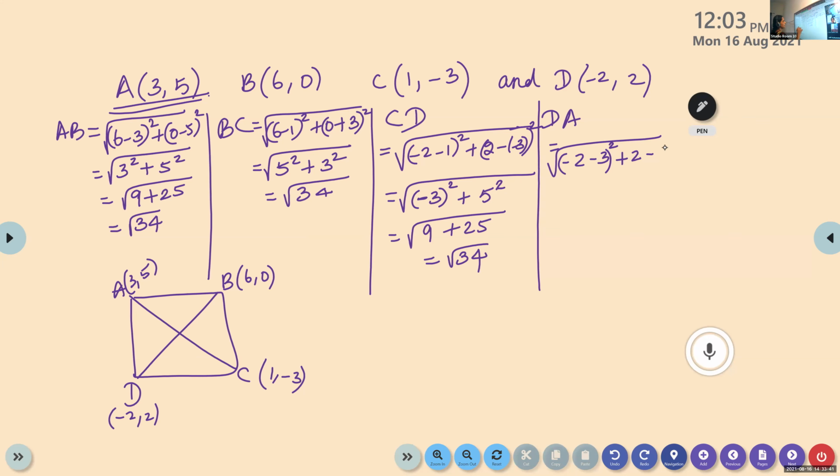There is no negative sign, isn't it? So 2 minus 5 whole square. Correct. Then next step: -2 minus 3. Both are of the same sign. When both are of the same sign, what do you have to do? Add and put the same sign. Don't subtract; opposite signs means you have to subtract. Here the sign is the same, so you add and put the same sign. So what is the answer?